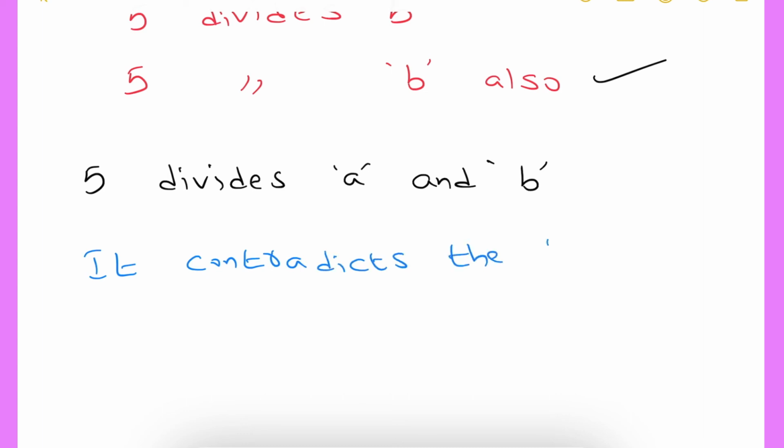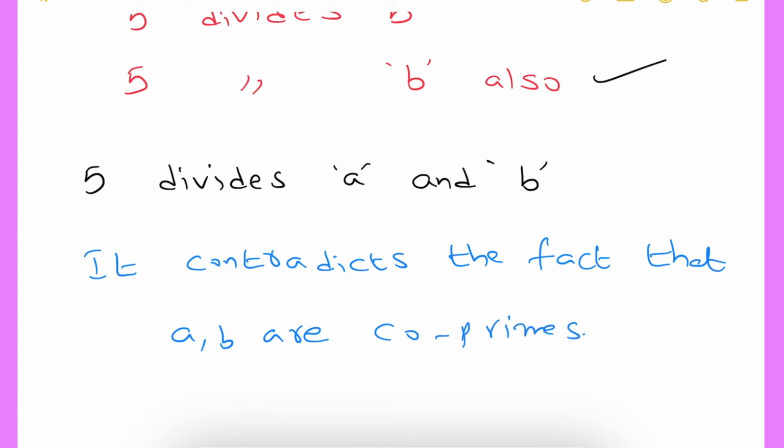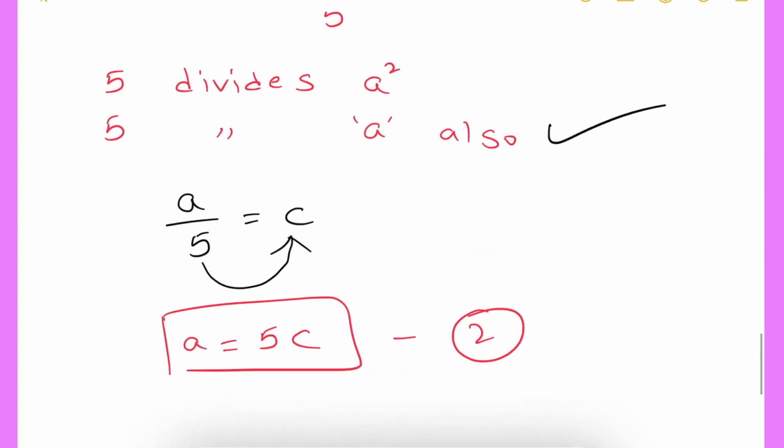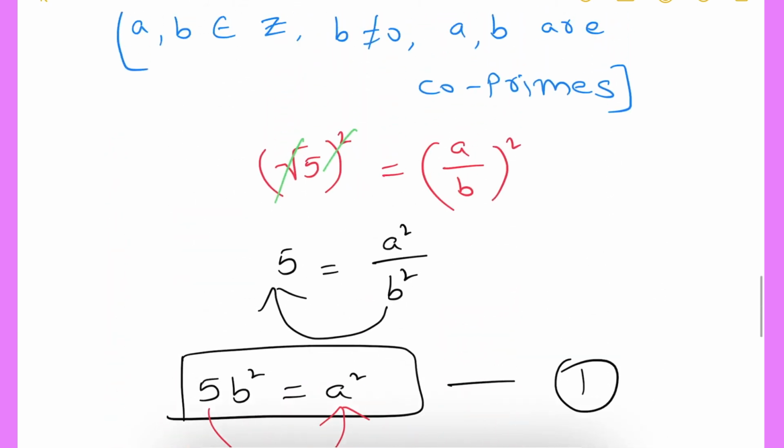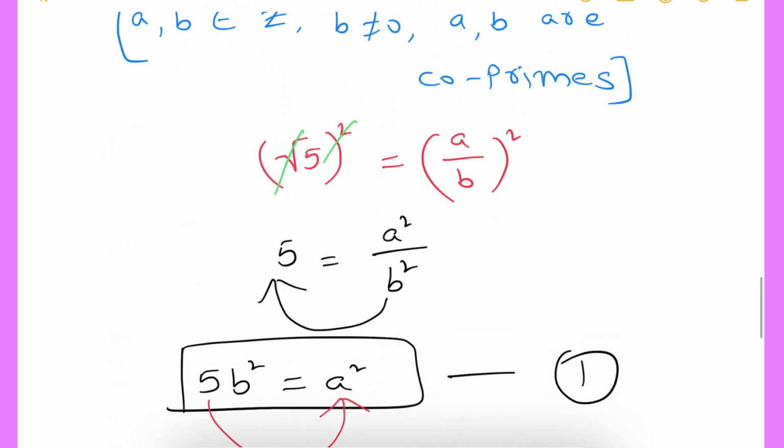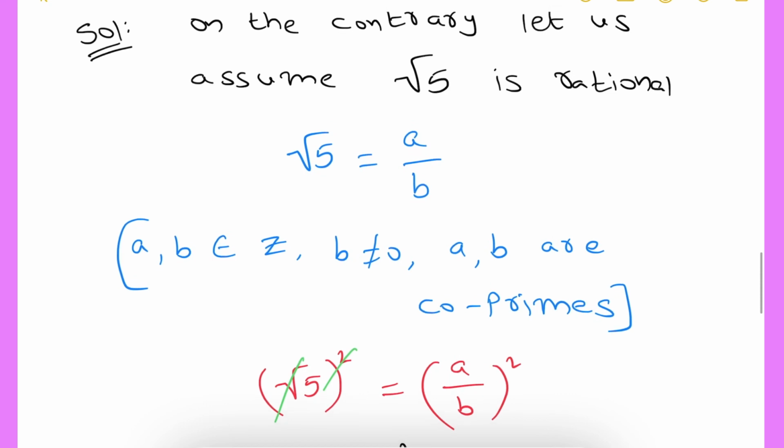So 5 divides a and b means it contradicts the fact that a comma b are co-primes. So now if you observe the condition clearly when we wrote the first line, here in the conditions we took clearly a comma b are co-primes.